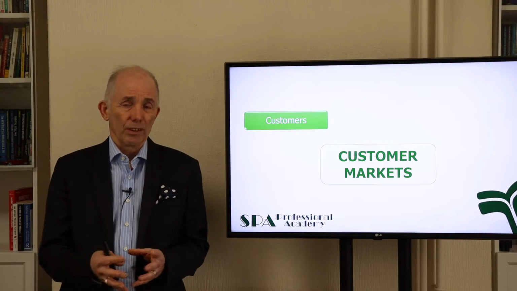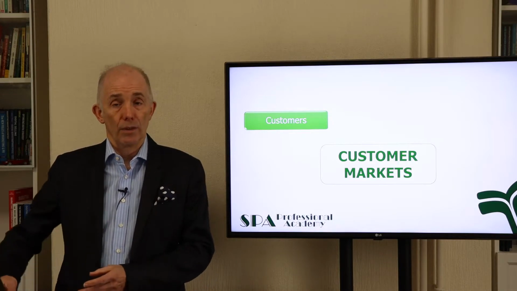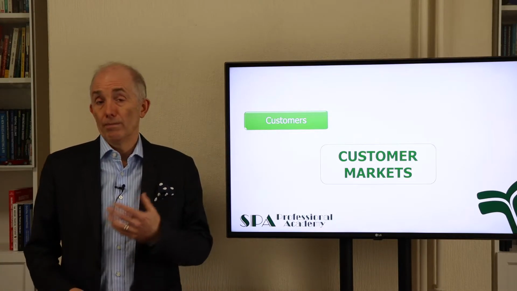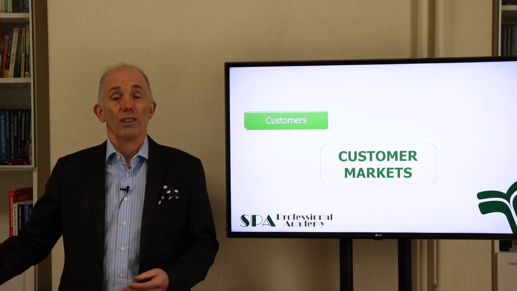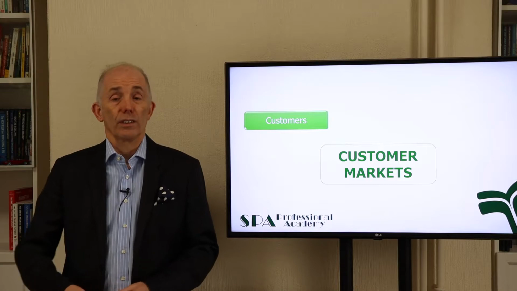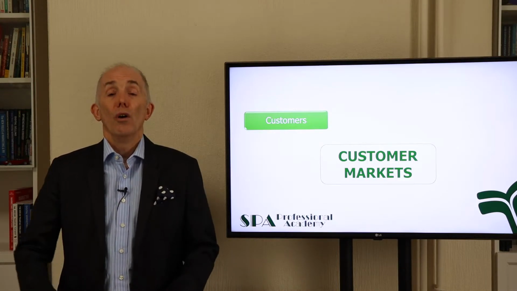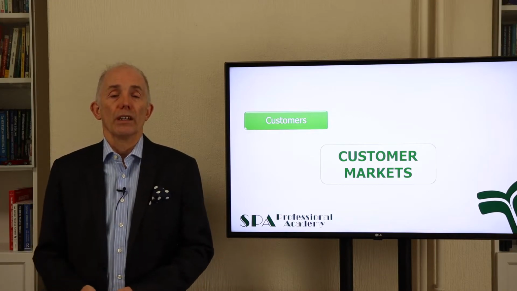So the customers, the target customers, those segments that we are aiming for, the individuals, organisations that are ideal for the organisation as customers because they already use the kind of products or services we offer, or they could be doing.